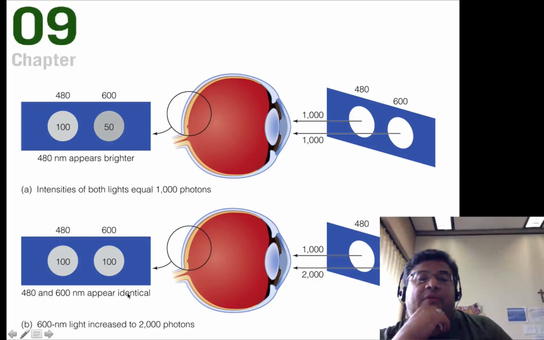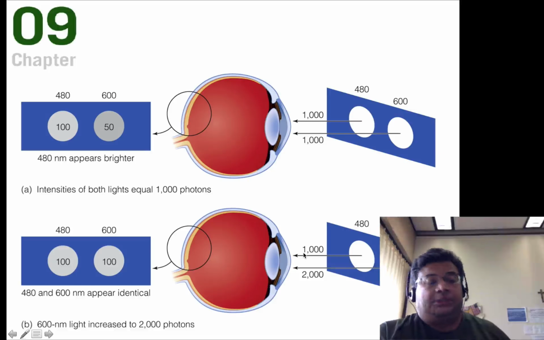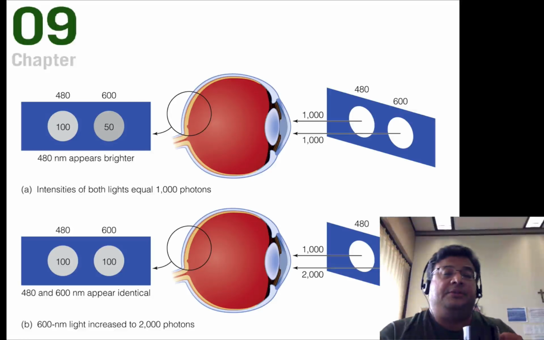Well, one way we can overcome this is by simply doubling the amount of light that's coming here. So in this bottom example, once again, we shoot 1,000 photons of light into the eye, but we make the 600 nanometer more intense and shoot 2,000 photons into the eye.